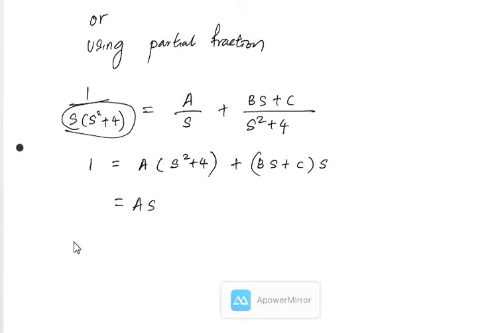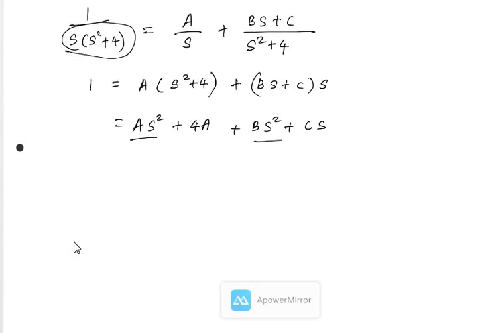So a s squared plus 4a, we multiply in, and then plus b s squared plus cs. Then we collect the powers of s: we have a plus b times s squared, plus c s, plus 4a.